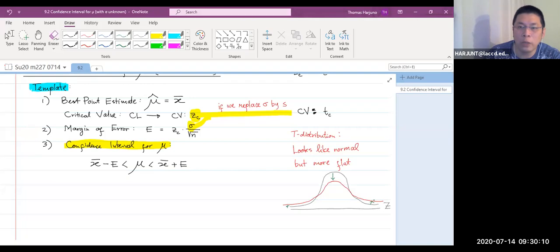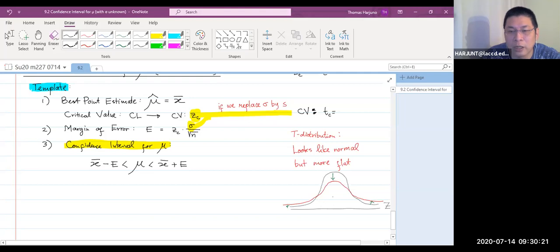Now, the way we compute and the notation for this T will be, let's say I need a 95% confidence level, right? So the area to the left of this will still be 97.5%. But this is T critical.